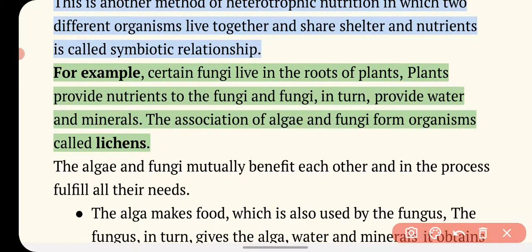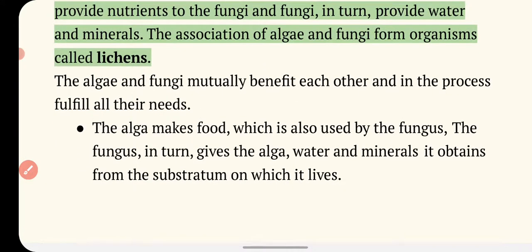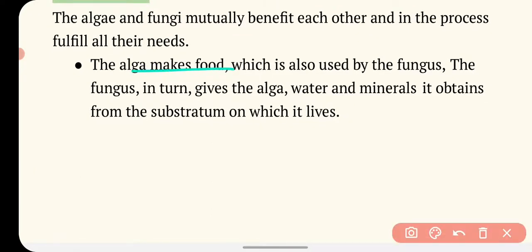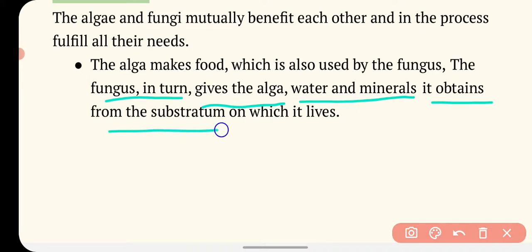And there is another example of symbiotic relationship, that is lichen, in which the two organisms, one is algae and the second is fungi, live together and make a different kind of structure, that is called lichens. So the algae and fungi mutually benefit each other, and in the process fulfill all their needs. What does alga do? Alga makes the food, which is also used by the fungus, and the fungus in turn gives the alga water and minerals it obtains from the substratum on which it lives.